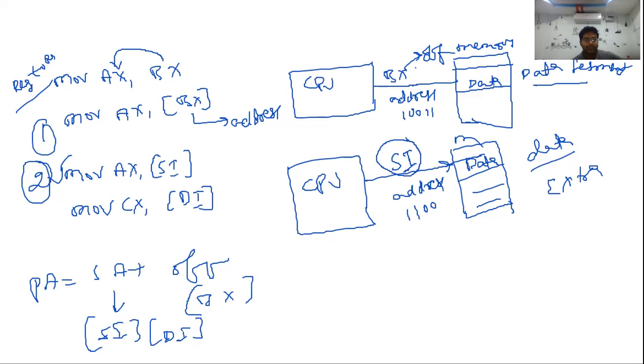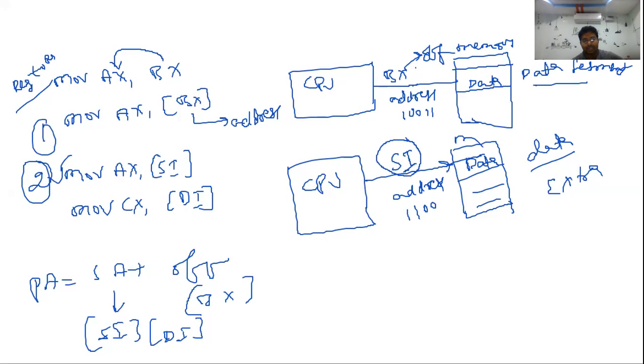Now see this, both are the same. Here 10H into DS plus BX only, but in that one 10H into DS plus 50H plus BX. What is the difference between this segment address and that address? Here it adds the 50H, and here it cannot add any 50H.